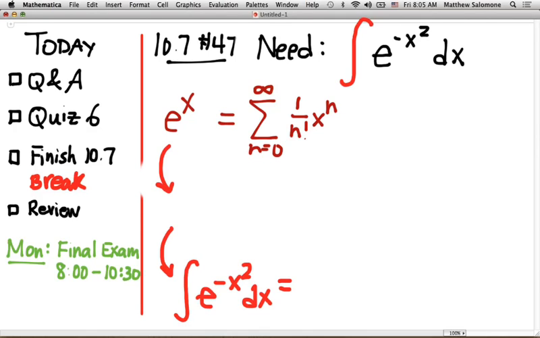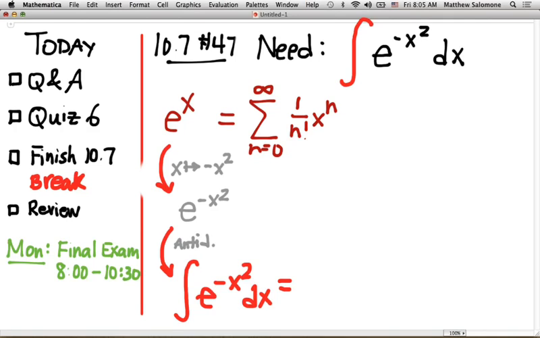So what's the first step you want to do here? That's right. So let's replace the x wherever we see it by minus x squared instead. That algebraic replacement will get us from e to the x to e to the minus x squared. And from there, all we have to do is take an antiderivative. So there's our roadmap for how we're going to do this.